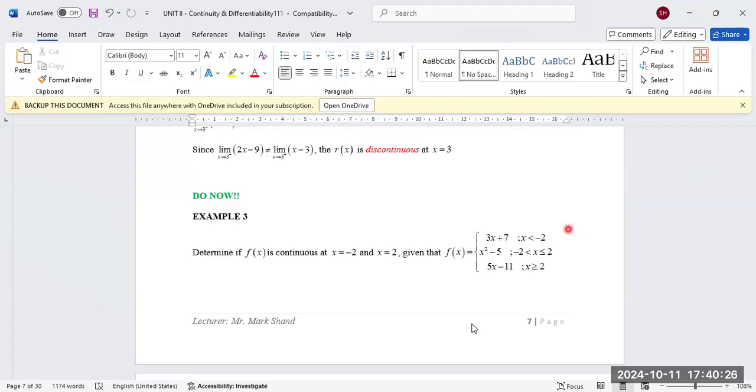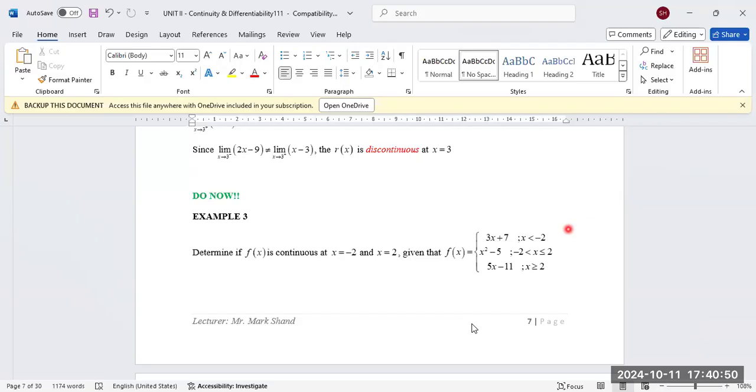Of the 3 equations, which equation on the board deals with -2 going to the left? The first one, sir. So the first one you're going to investigate to the left.